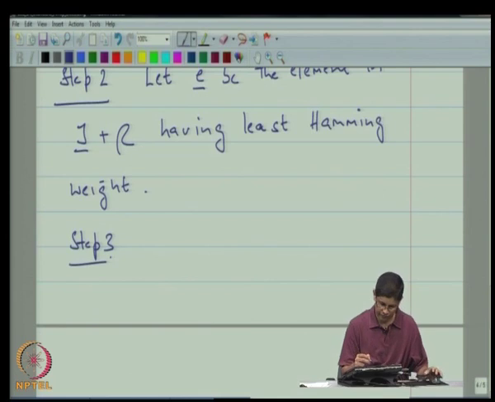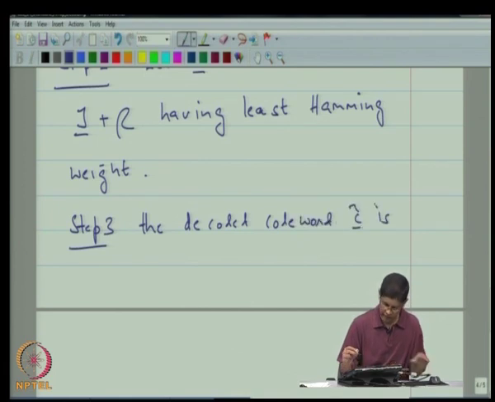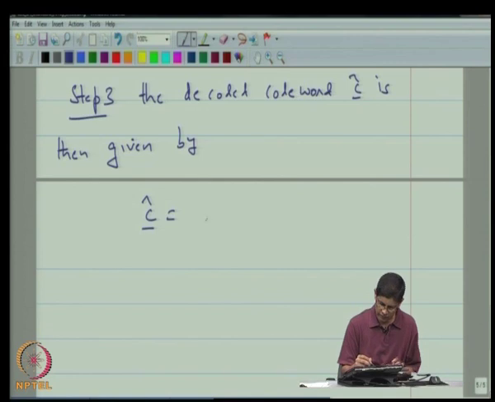Step 3, the decoded code word C hat is then given by C hat is equal to y plus E hat.